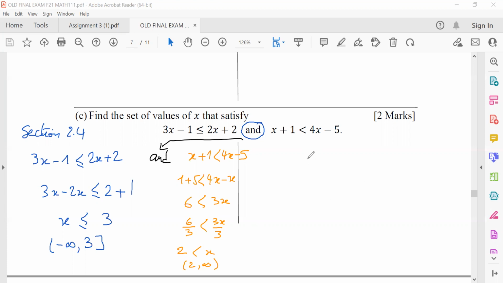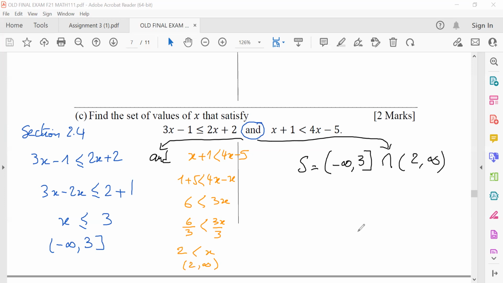And means that the solution is the intersection of these 2 intervals. So what is the intersection? We have the first one, 3 to minus infinity.